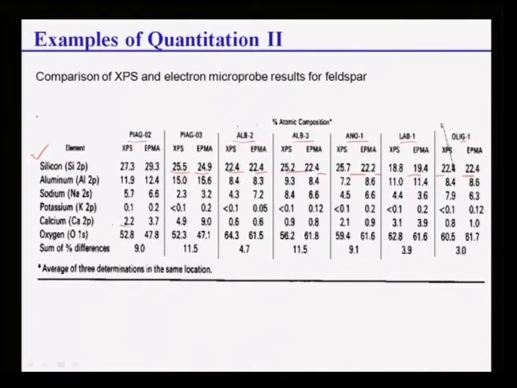Similarly, for calcium, potassium, sodium, aluminum, if you look at the percentage differences, 9% here, about 11% there, the maximum is 11.5 percent. So, that means XPS gives you reasonably good data in terms of compositions.